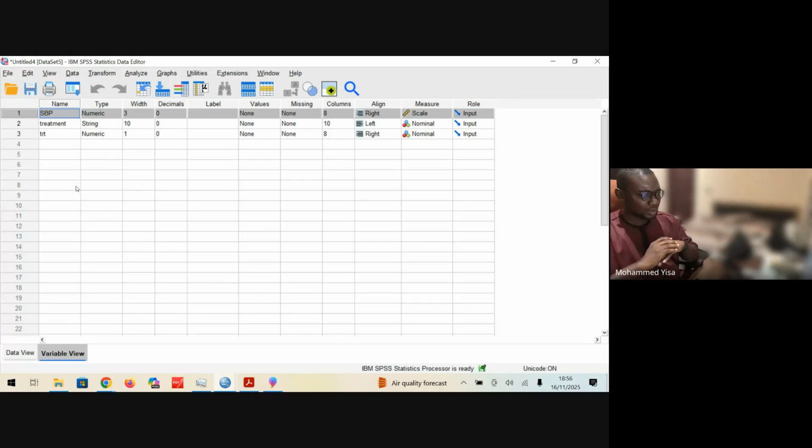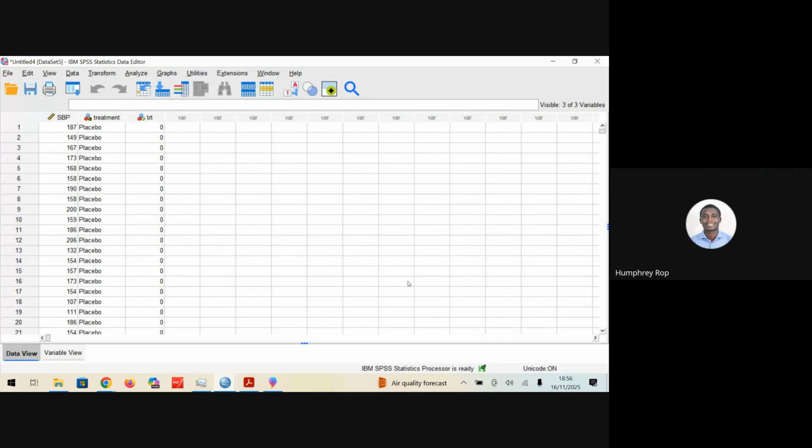We are also assuming that the variance in systolic blood pressure is the same among the placebo group and the drug X and drug Y groups. And those are the assumptions. So if these assumptions are satisfied, we can do ANOVA.